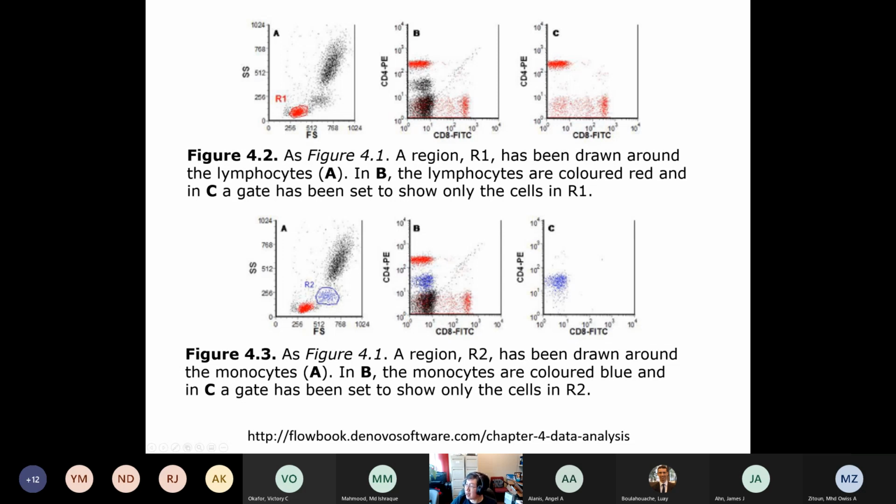But when you compare this R1 cell and the R2 cell, in the R1 population, you do have some population that's even stronger in CD4 expression, right? So the CD4 expression is intermediate in R2 compared to R1.